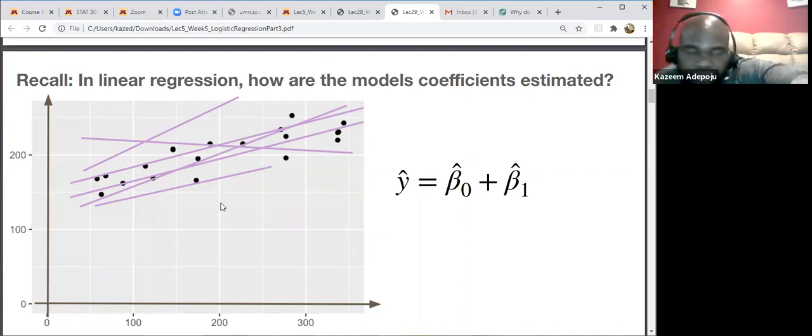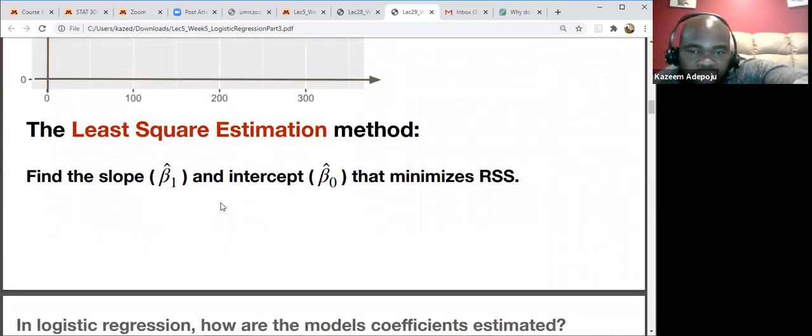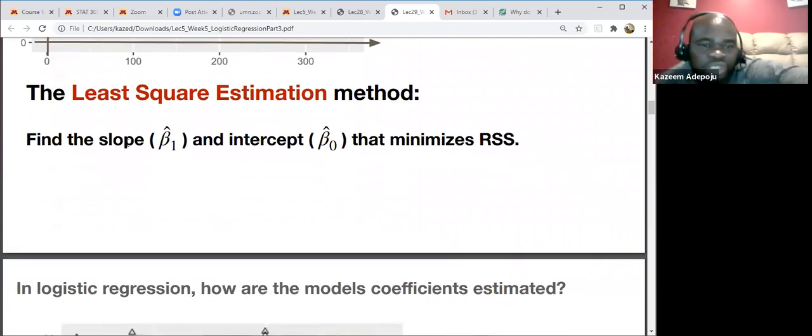So in the linear regression model, to estimate the parameters, we apply the least squares method. The essence of applying it is that the least squares method can minimize the residual sum of squares.